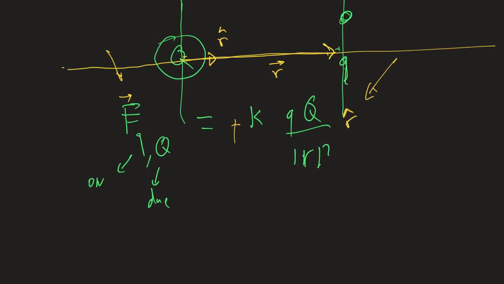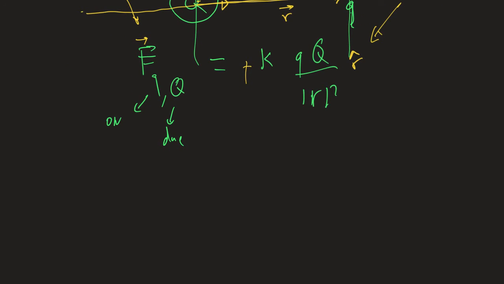So if I say that little q is positive, and capital Q is positive, then Q by q will be positive. So the force will be parallel to the vector u sub r.